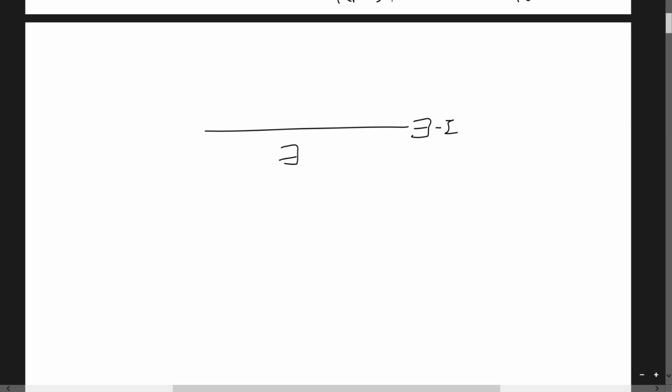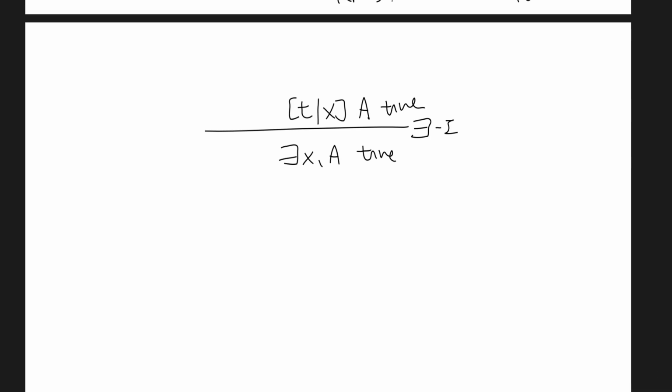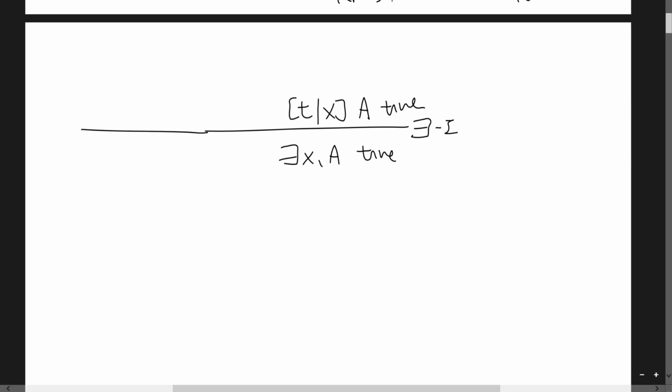So existence A is true if you can find a concrete witness T for which A is true. So this is the existential introduction rule. Now let's reformulate this inference rule in terms of proof terms. So this true disappears, and we'd like to find the proof terms here.